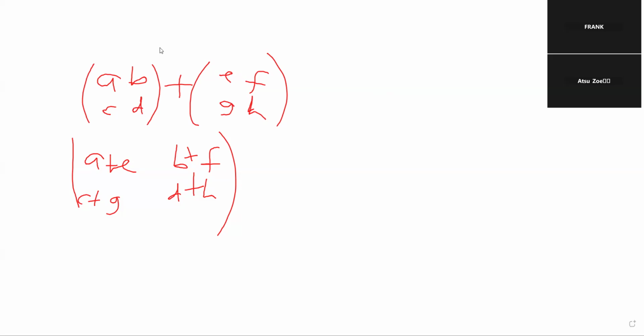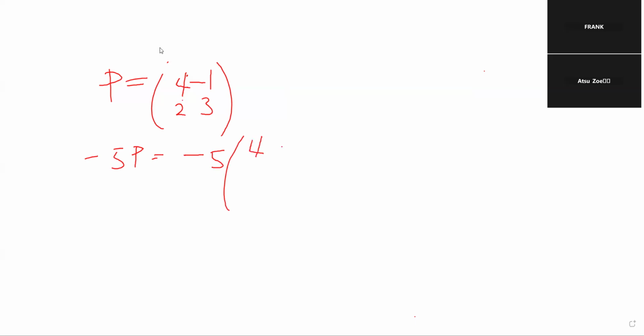multiplication of a matrix. So if I have matrix P to be 4, -1, 2, and I'm asked to find -5P. So it means I'm going to multiply -5 by the matrix: -1, 2, 3.